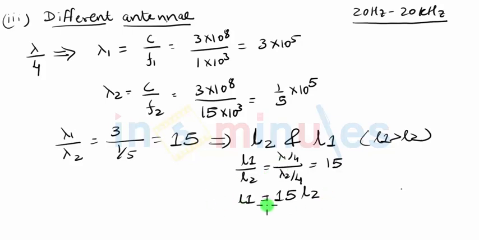So the conclusion from this discussion is that to transmit different frequencies, we will need antennas with different sizes. And this will again be a problem, because even if I can manage, let's say for a moment, if I assume that problem 1 does not exist, I can manage a large size antenna which will be of the order of a few kilometers, let's say.